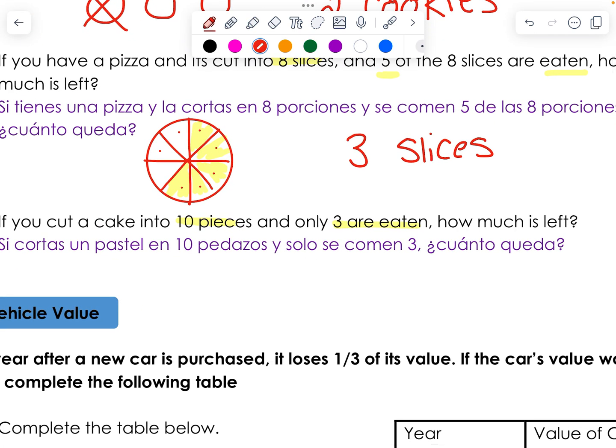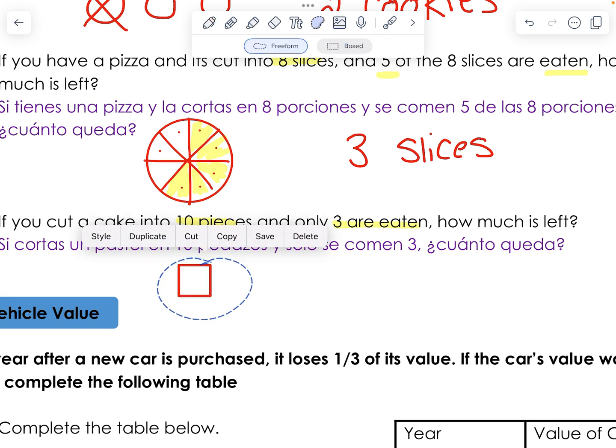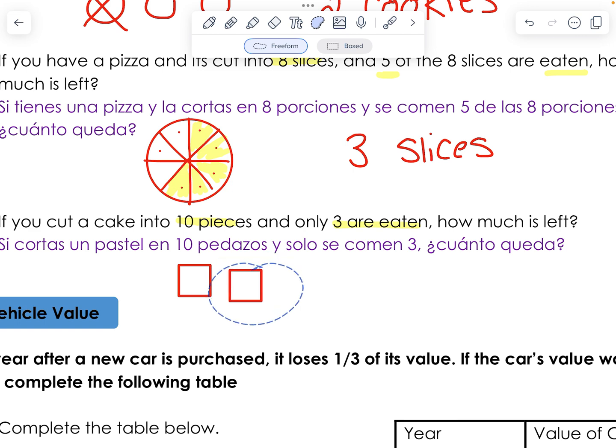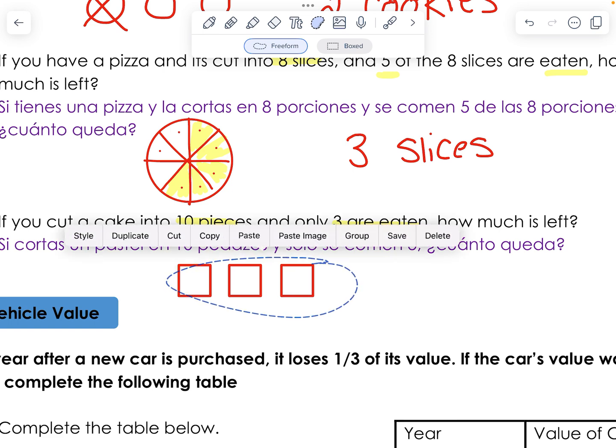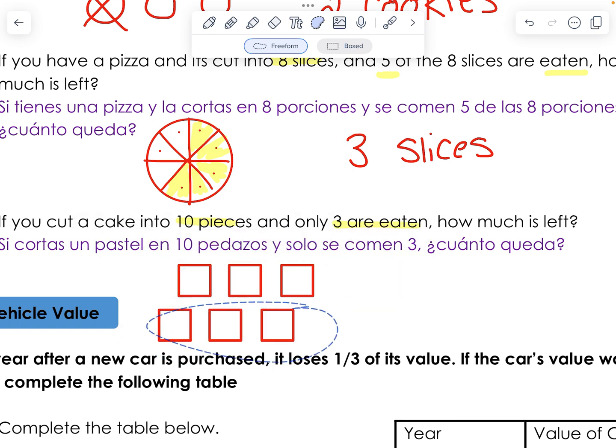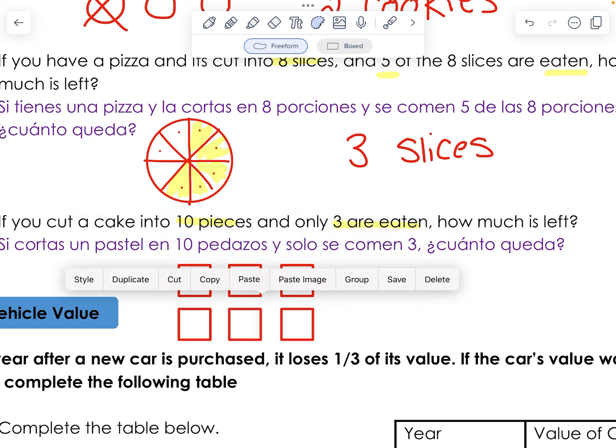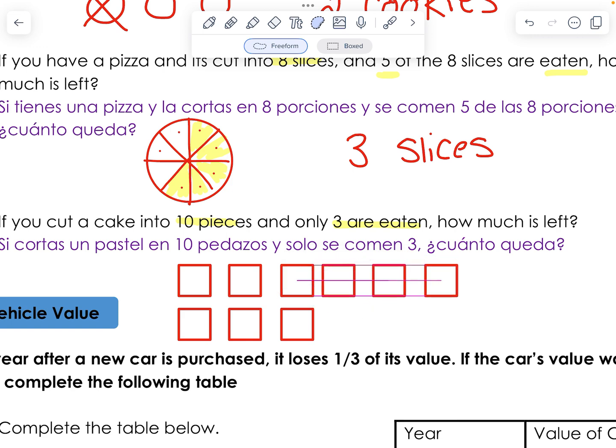I can't draw a cake very well cut into 10 pieces, so I'm just going to draw 10 squares. 1, 2, 3, 4, 5, 6, 7, 8, 9, 10.